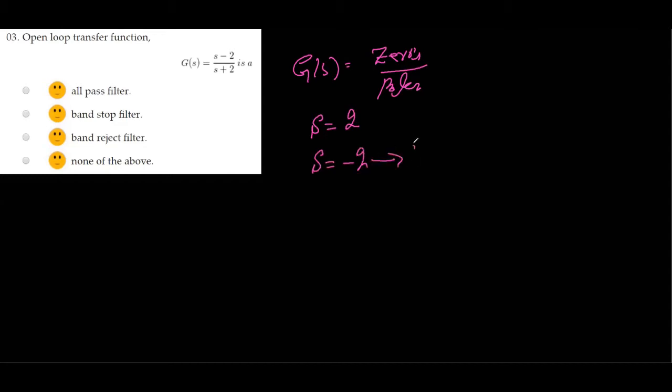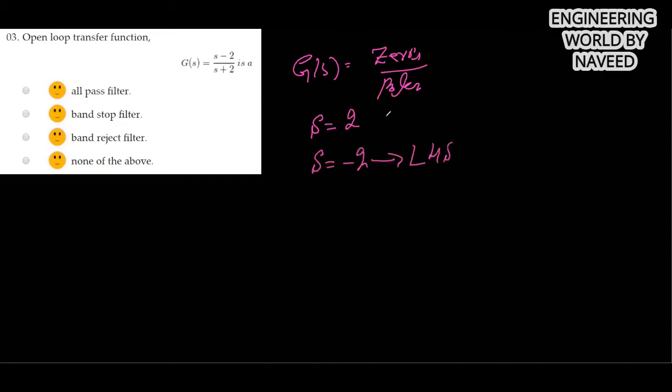Okay, next MCQ is: the open loop transfer function G(S) is (S minus 2) divided by (S plus 2), is it an all pass filter, band reject filter, or non pass filter? Actually in your transfer function, the numerator gives the zero and the denominator gives the pole. So the zero is at S equal to 2 position and the pole is at S equal to minus 2 position. So the pole is on the left hand side and the zero is on the right hand side.